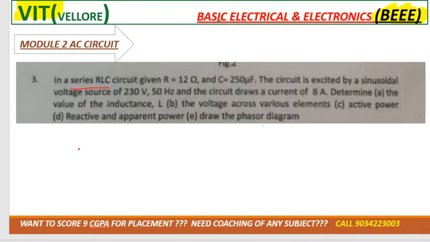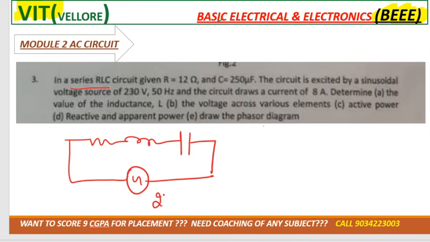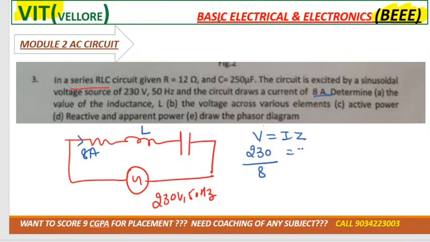See, in a series RLC circuit, the circuit is excited by a 30 volt 50 hertz supply, right? Current is 8 ampere. Calculate L. So V is equal to IZ, 30 over current 8, you can get Z. Z is equal to root of R square plus XL minus XC whole square.